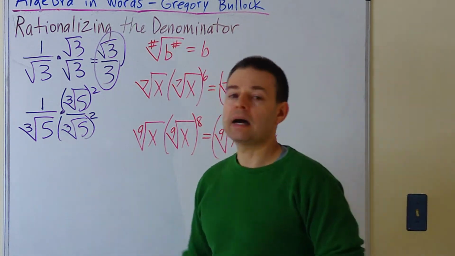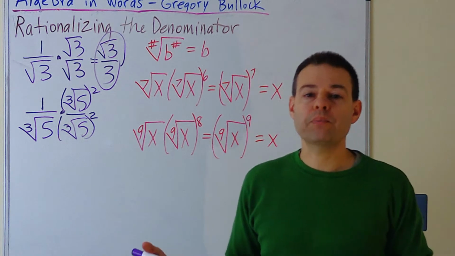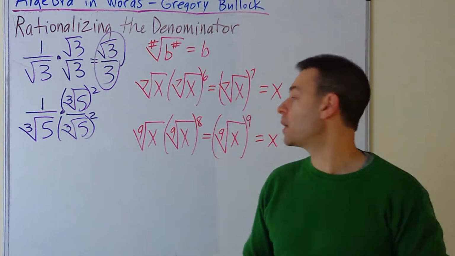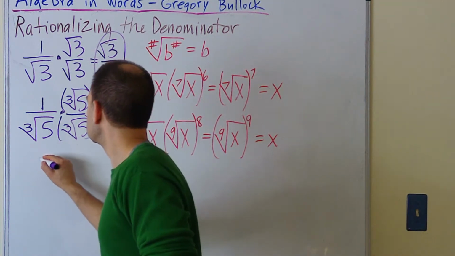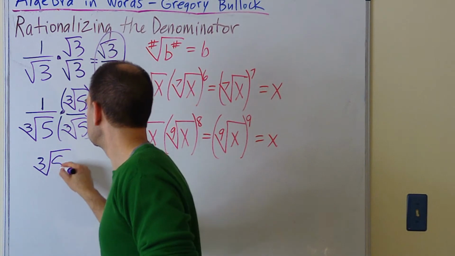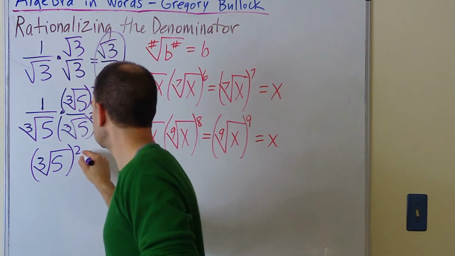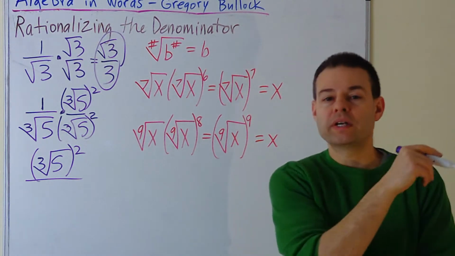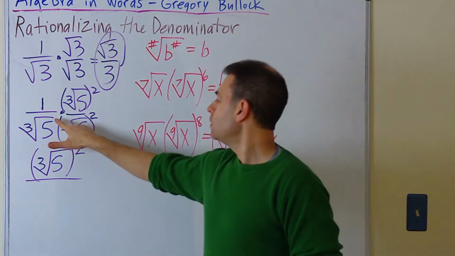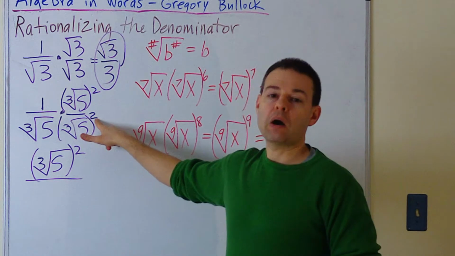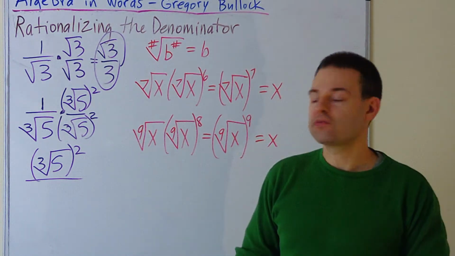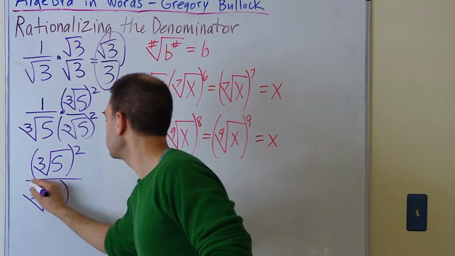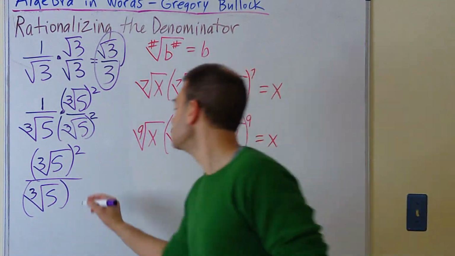Now if we take this down, let's multiply the top, which is just going to be the cube root of 5 squared. And then in the bottom, we're now going to have, if you add unwritten exponent 1 with power of 2, 1 plus 2 is 3, and then we have the cube root of 5 cubed.